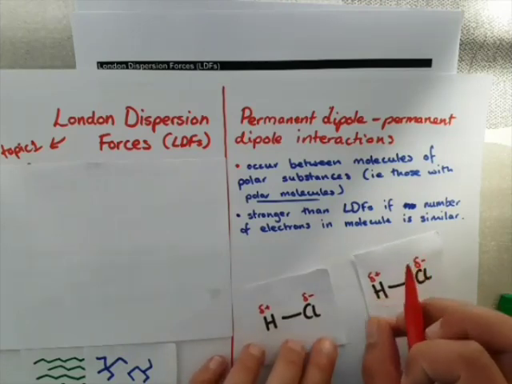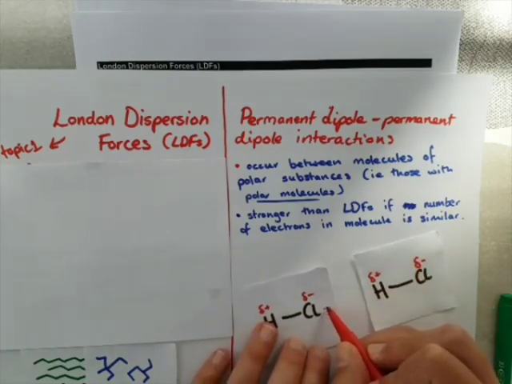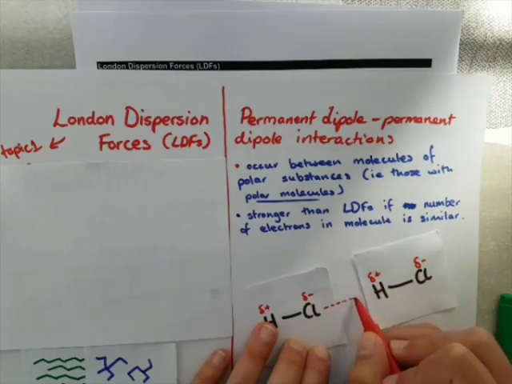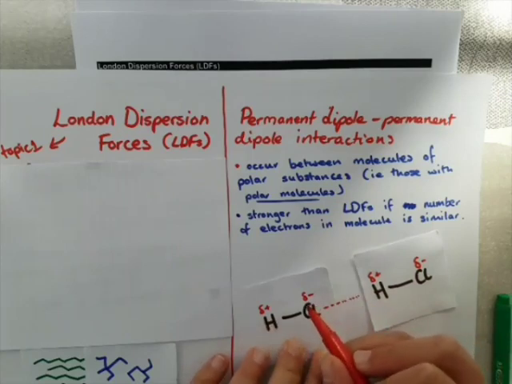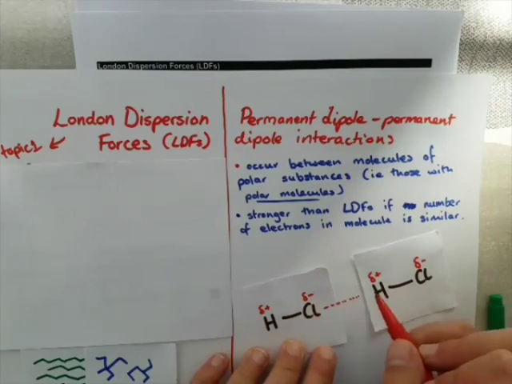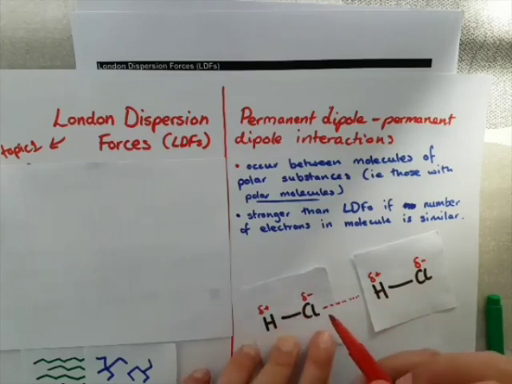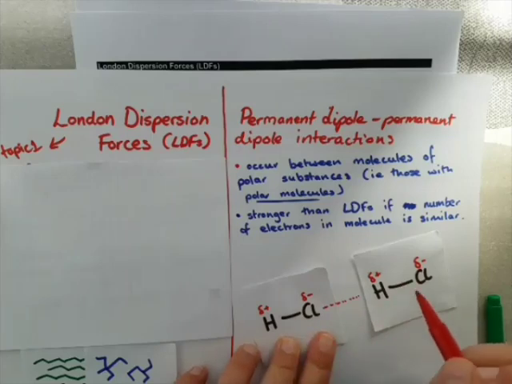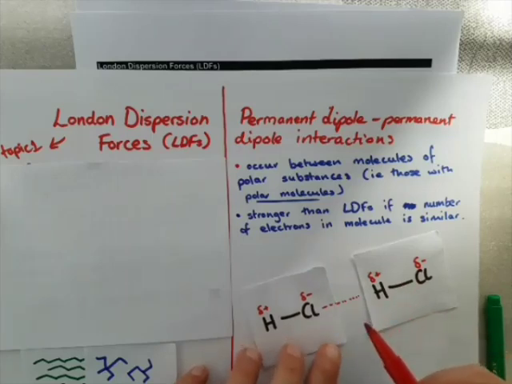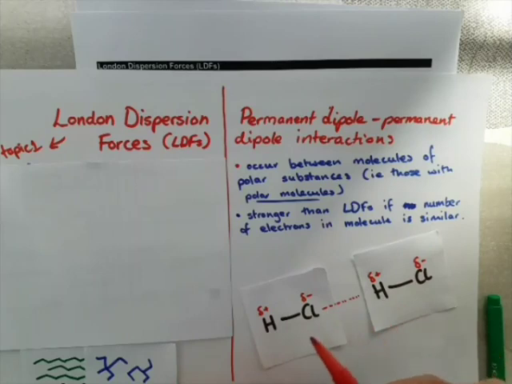So to represent permanent dipole interactions, we can just draw a dotted line. And the dotted line must always go from the negative part of one molecule to a positive part of a different molecule. It's really important that you don't get mixed up and think of these as attractions within a molecule. It's always between one molecule and another one. So if you're trying to represent intermolecular forces, you always have to draw at least two molecules.